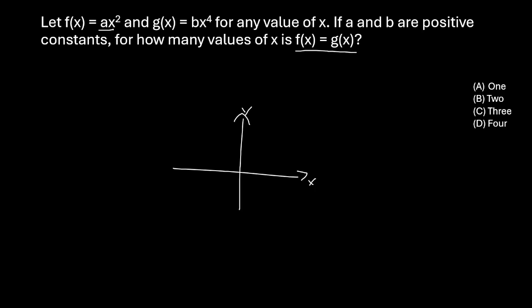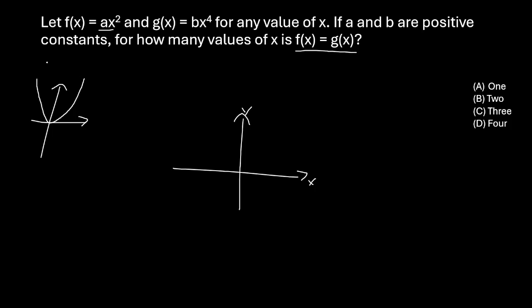A times x squared. Our typical x squared function would look something like this, where if x is 0, y is 0. If we multiply by something, what would happen?